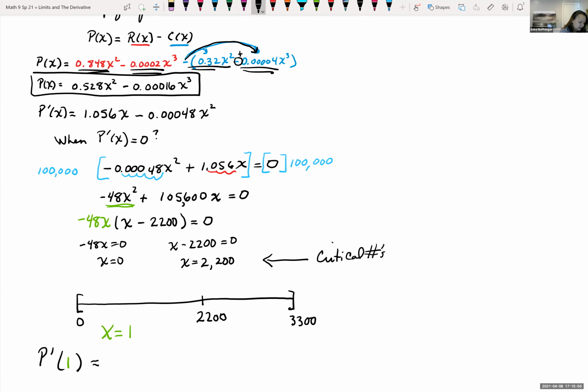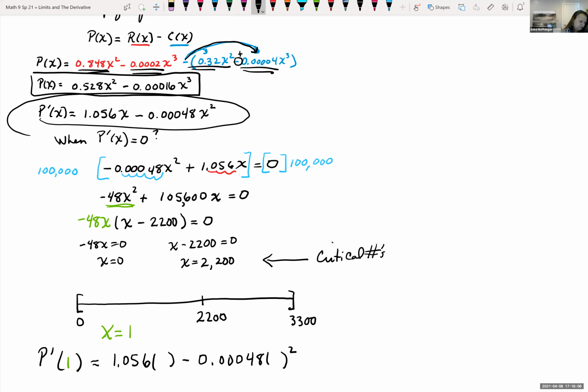Let's do it here. If I plug in 1, I would get 1.056 all times 1 minus 0.00048 all times 1 squared. Well, I notice 1.056 is a bigger number than 0.00048.